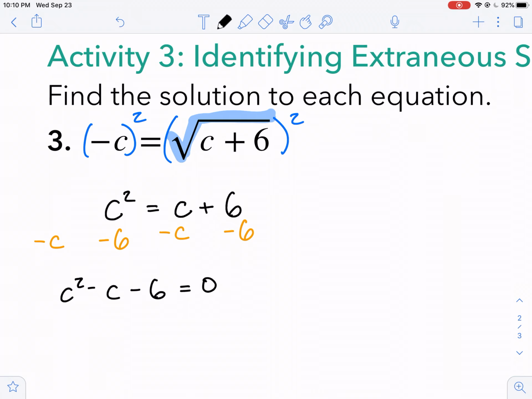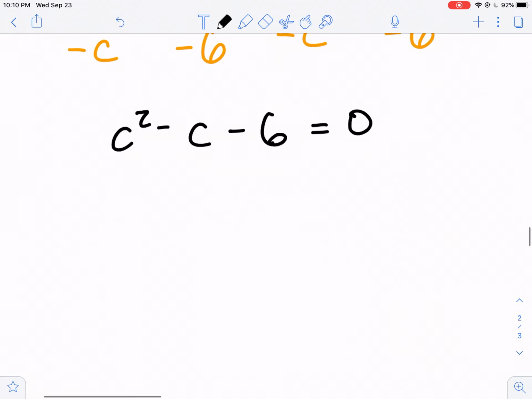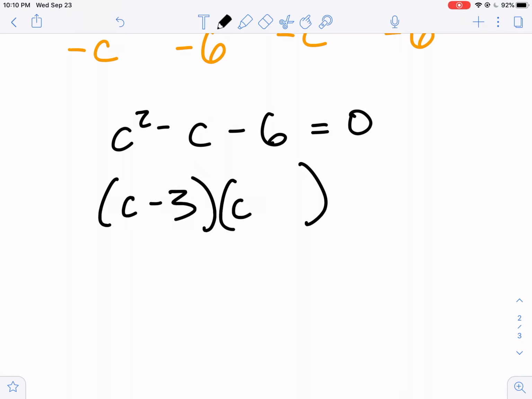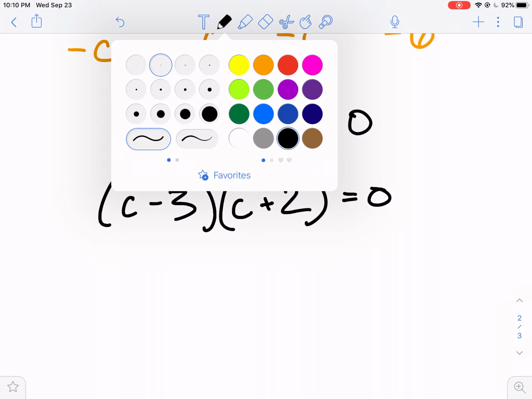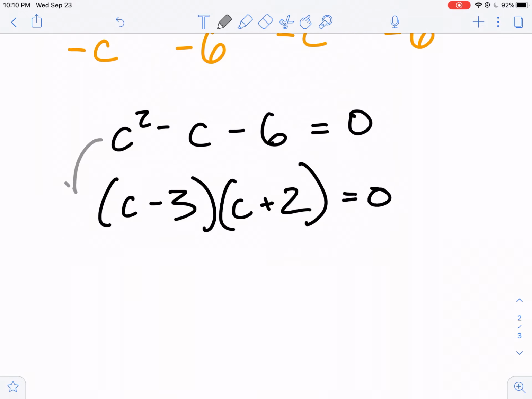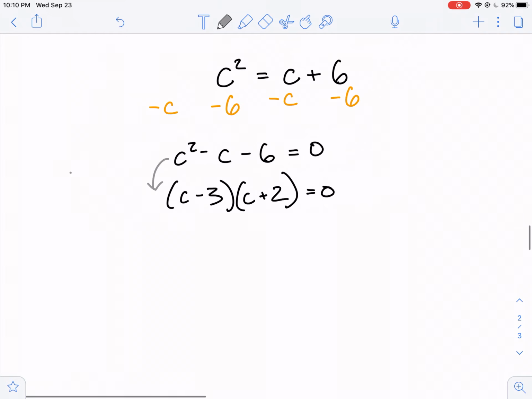Now, if you've done factoring before, we haven't done factoring yet this year, so we'll review it later on in this year. They'll tell you that we can break this guy down into C minus 3 times C plus 2. If this step confuses you, don't worry about it.